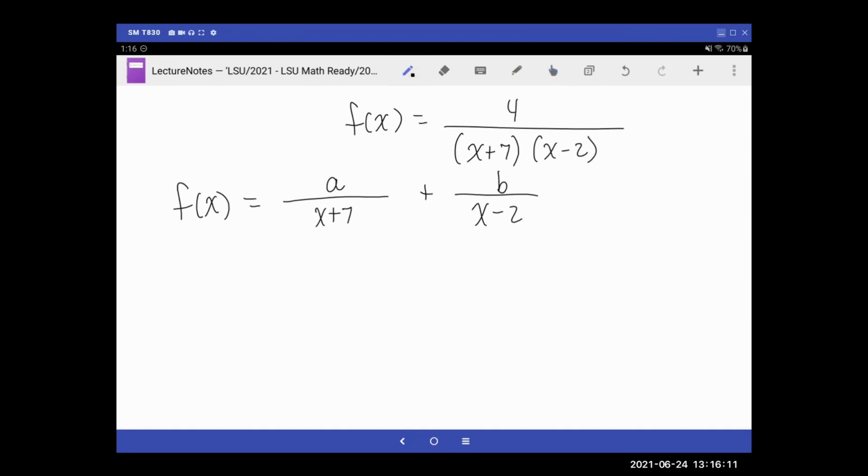Well, let's think about how you would add these together if you were adding them together. You might remember the process here. You would multiply this one by this one's denominator, so that would be x minus 2. And you would multiply this one by this one's denominator, at least the original denominator of x plus 7.